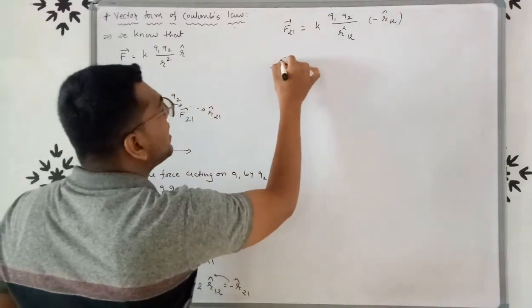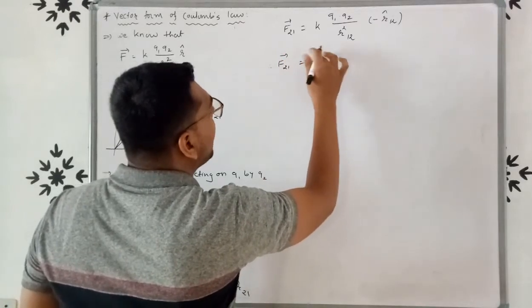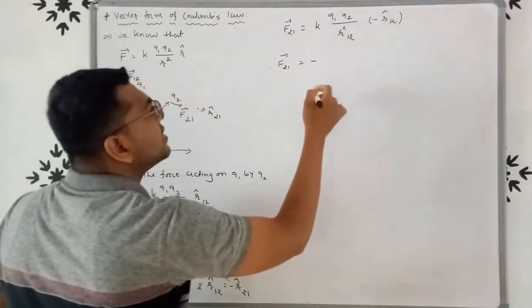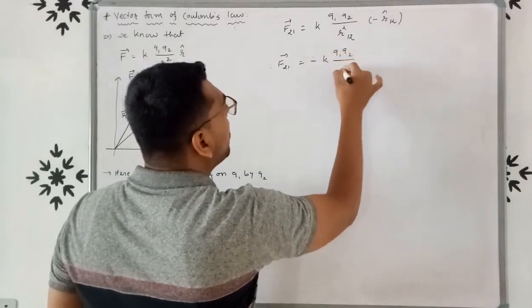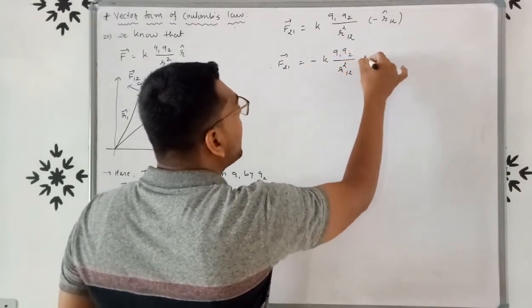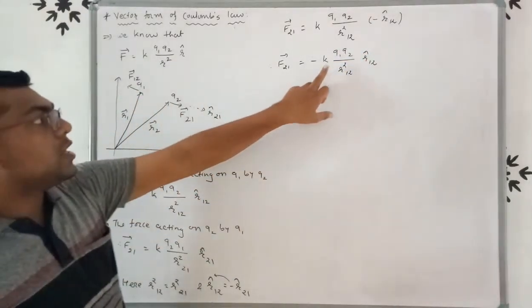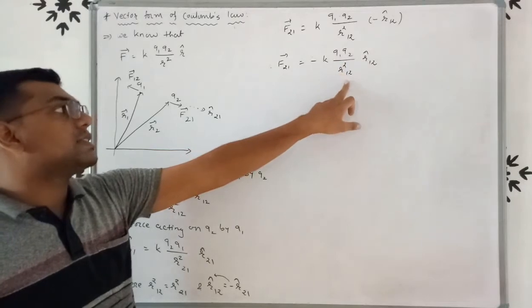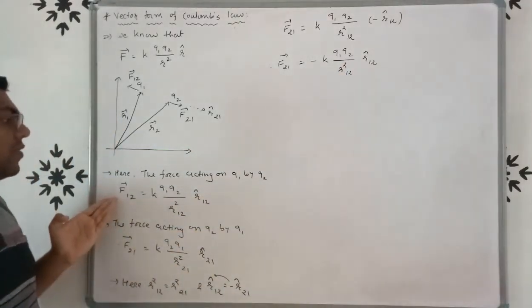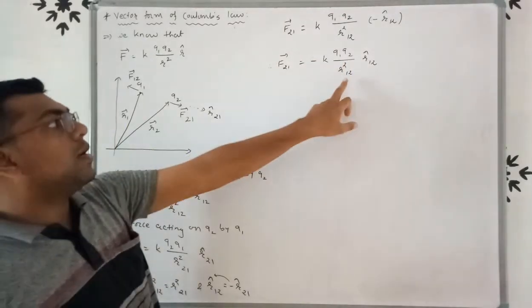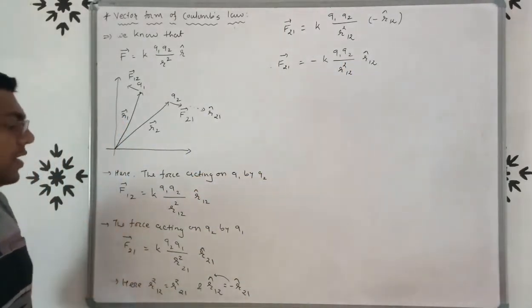So we can write that F21 is equal to minus K Q1 Q2 upon R square 12 into R cap 12. Right. See, K Q1 Q2 upon R square 12 into R cap 12.